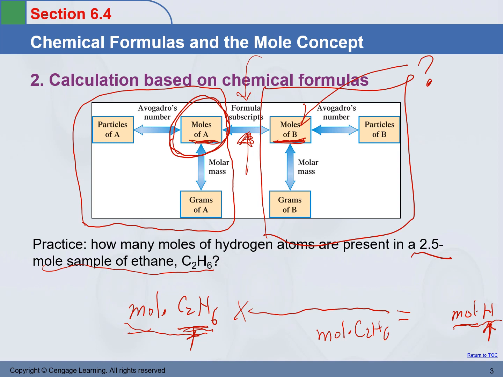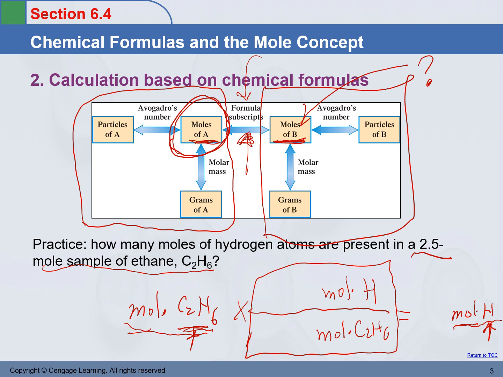The unit of the wanted information is on the top of the conversion factor. So where do we get this information, the relationship between moles of hydrogen and moles of ethane?